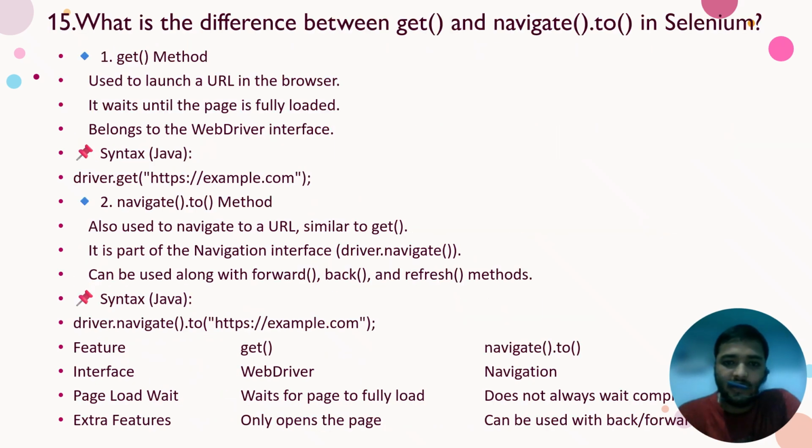What is the difference between get and navigate in Selenium? The get method is used to launch a URL in a browser. It waits until the page is fully loaded. It belongs to the WebDriver interface, for example driver.get with example.com. The navigate method is also used to navigate to a URL, similar to get.